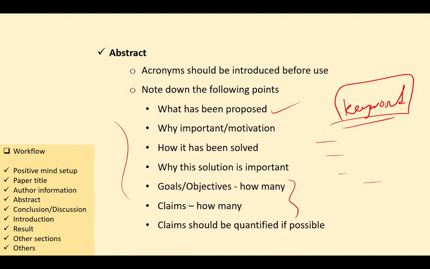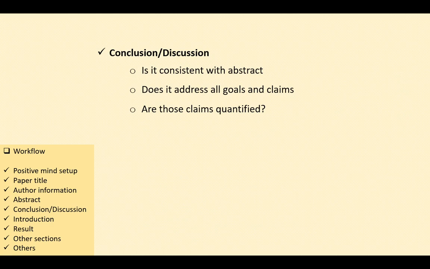So after reading the abstract, jump to the conclusion or discussion and see whether the conclusion is consistent with the abstract or not. If the paper is not well written, it is very obvious. You will see there is inconsistency between the abstract and the conclusion. Then, does it address all the goals and claims?